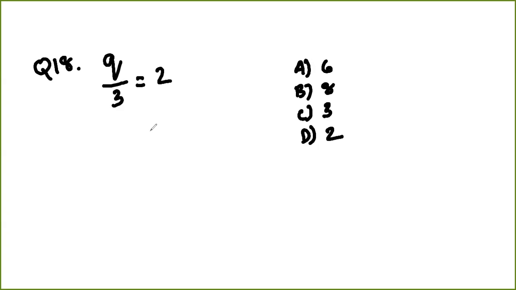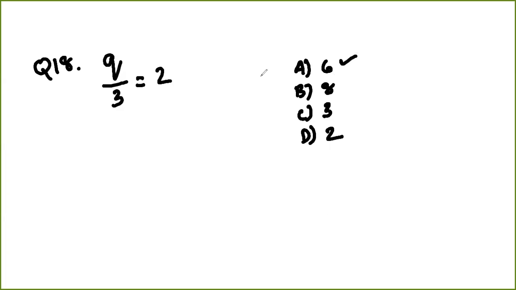Just listen to me. See, logically speaking, you can easily answer this question. What is it saying? It says that some number q, we don't know what, divided by 3 is equal to 2. So you just think about what numbers could be there which when divided by 3 will give you 2. Very quickly, if you have that kind of facility with numbers, you can see that the answer is 6.